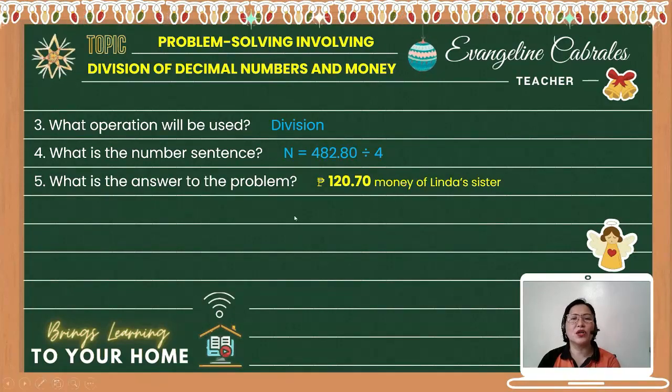Okay? So, the question is, what type of problem is this? This is a routine problem. Routine dahil una, isa lang ang operation na ginamit. Pangalawa, isa lang ang solution na ginawa o pwedeng gawin para ma-solve ang problem. So, kailan siya routine? Isa ang solution, isa ang operation. Okay?